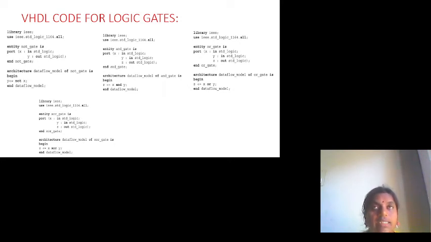So entity is nothing but a system design or a black box that you are going to represent, or that you are going to tell that I am designing this particular block as an entity. So now in this example I am representing NOT gate. NOT gate I have taken it as an entity, and so that I have given the entity name.